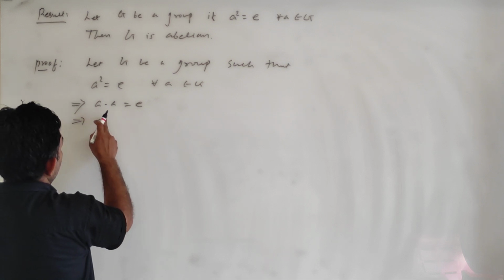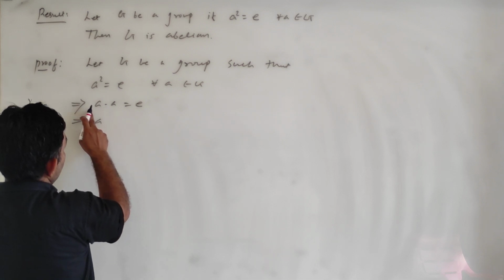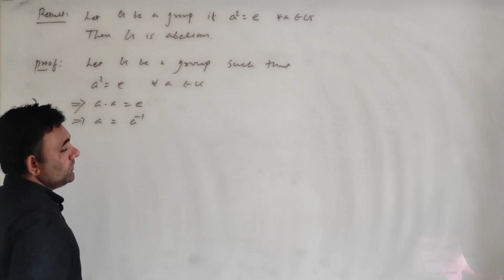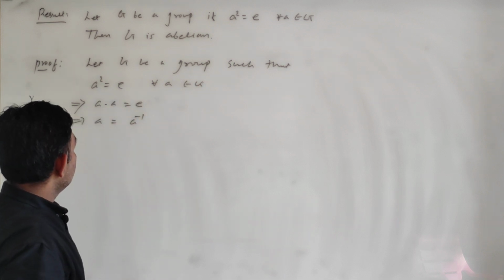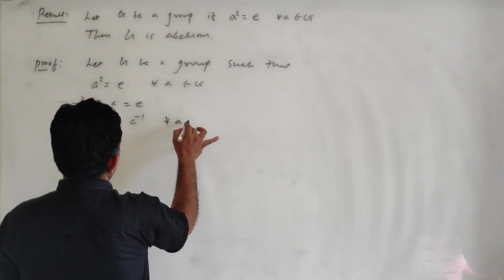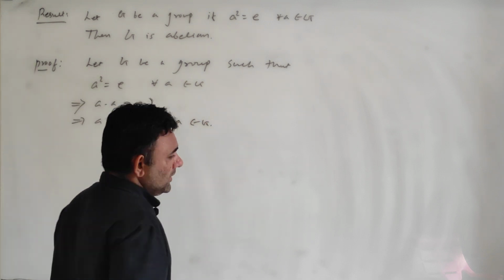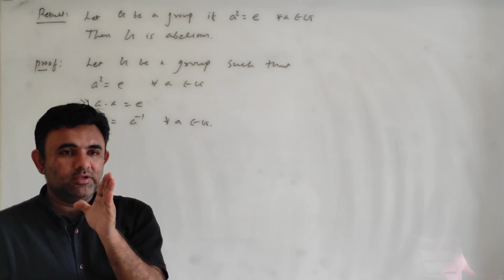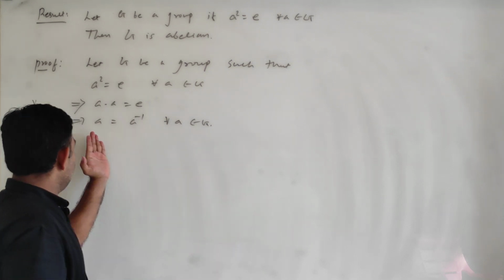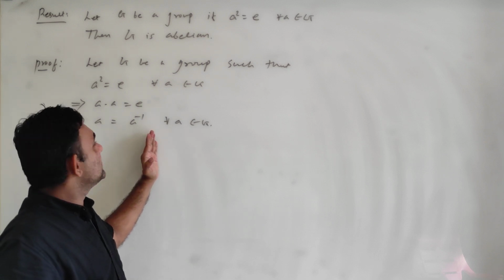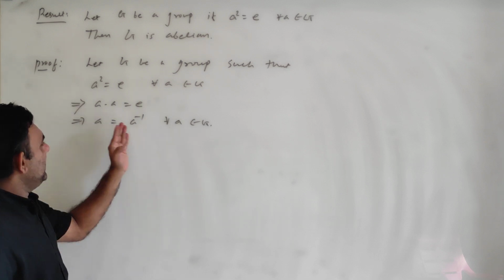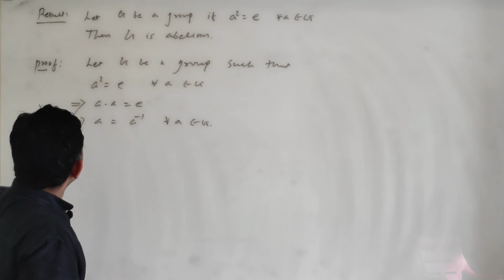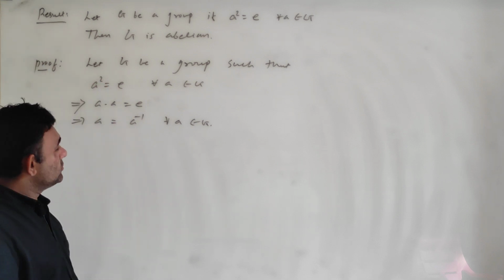Here a inverse into a is identity, so I am left with a, and here a inverse into identity. So it means, for all a belongs to G, a square is identity means the inverse of that element is itself. Element and its inverse will be same. And if you have a and a inverse equal, then also you have a square equal to identity, so you can go in the back direction also.